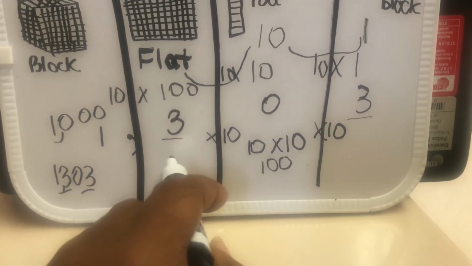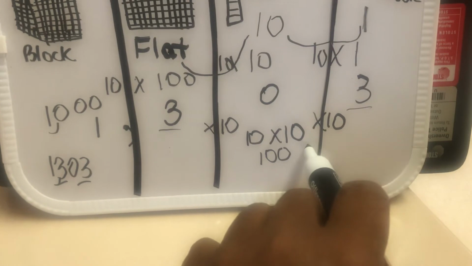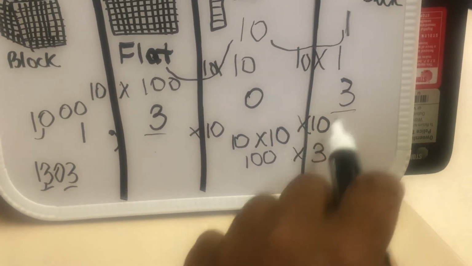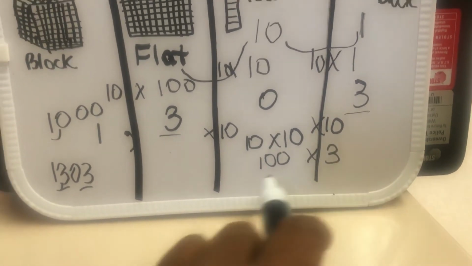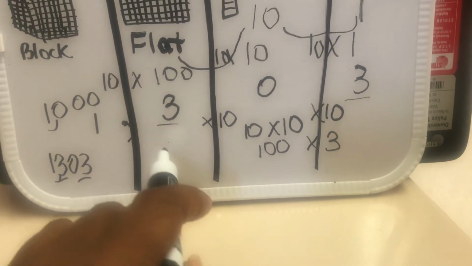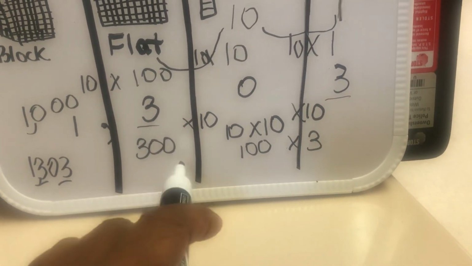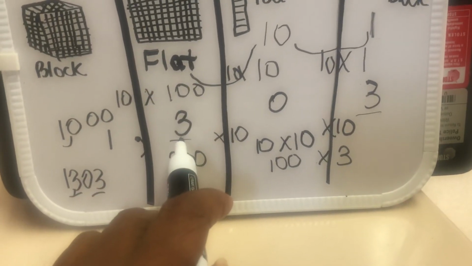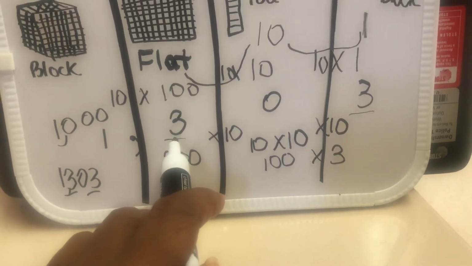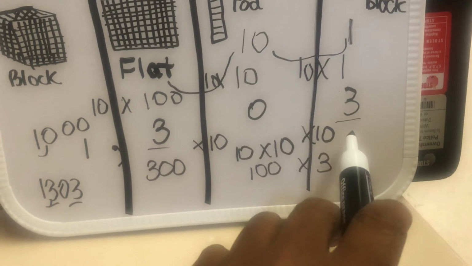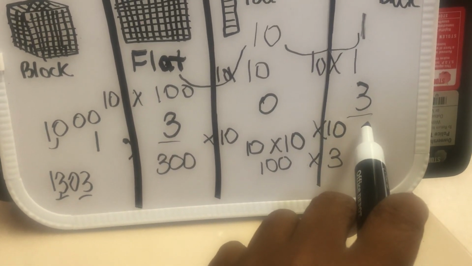So this tells me that this 3 times 100 would give me 300. So the 3 in the hundreds place is 100 times more than the 3 in the ones place.